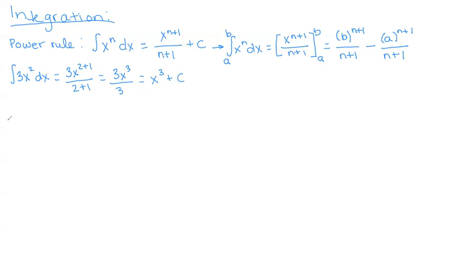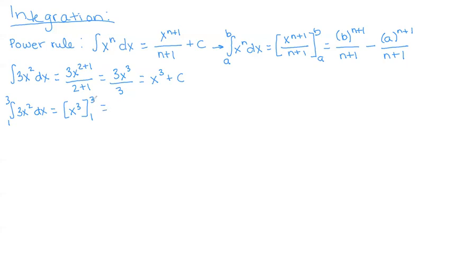We're not going to be seeing too much of those. Let's move on to some definite integrals. If we want to integrate the same expression from 1 to 3 of 3x squared dx, we've already found what the integral of 3x squared dx is, so let's just plug that in. It is x cubed, and we want to evaluate that from 1 to 3.